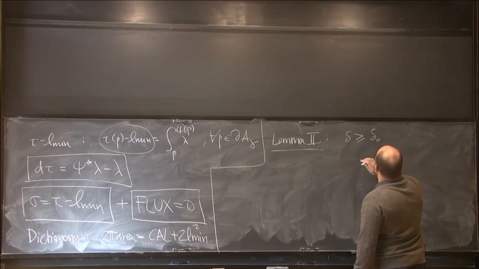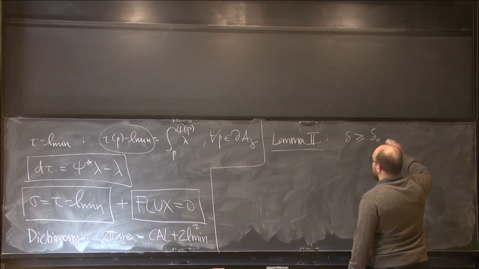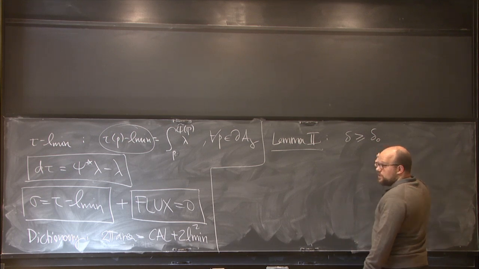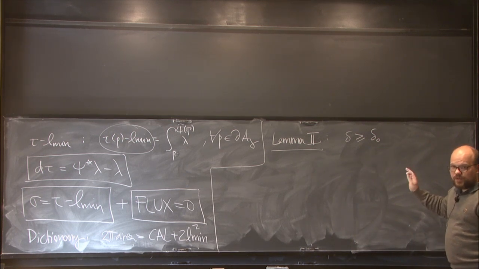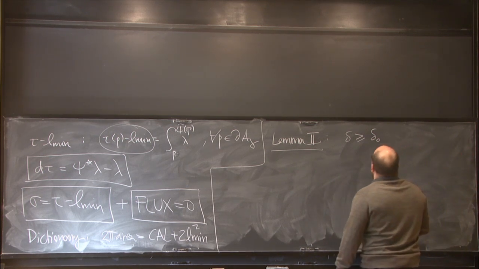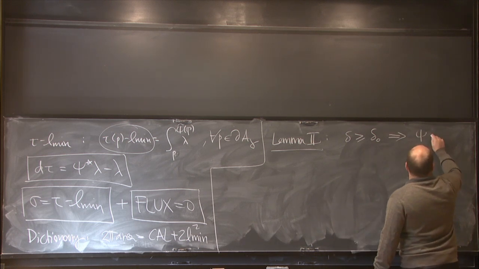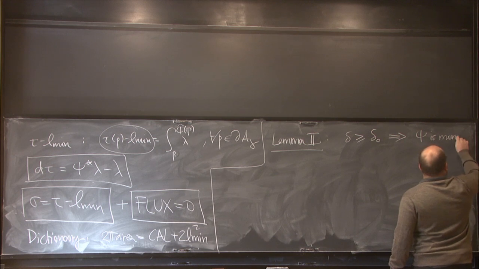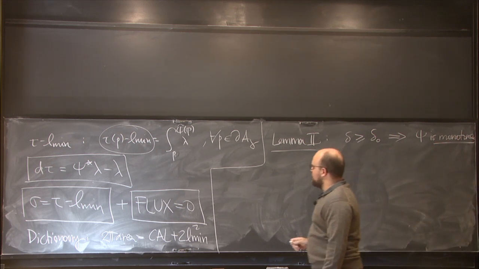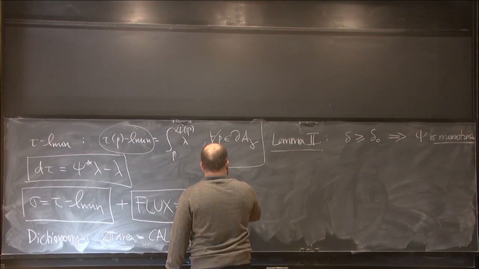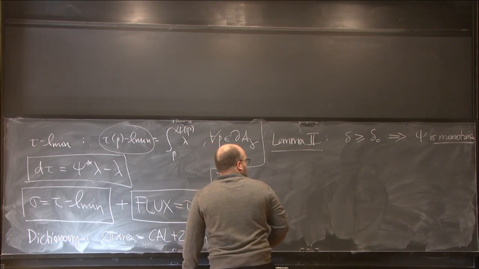So if the pinching constant is bigger than a certain constant, which in the main theorem was 4 plus square root of 7 divided by 8, but now I'm going to make it a little bit better, then the return map is monotone. That's the final lemma.